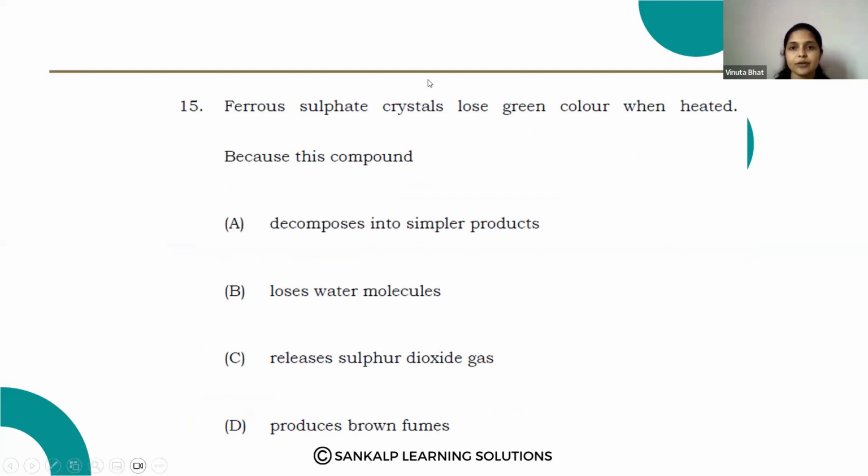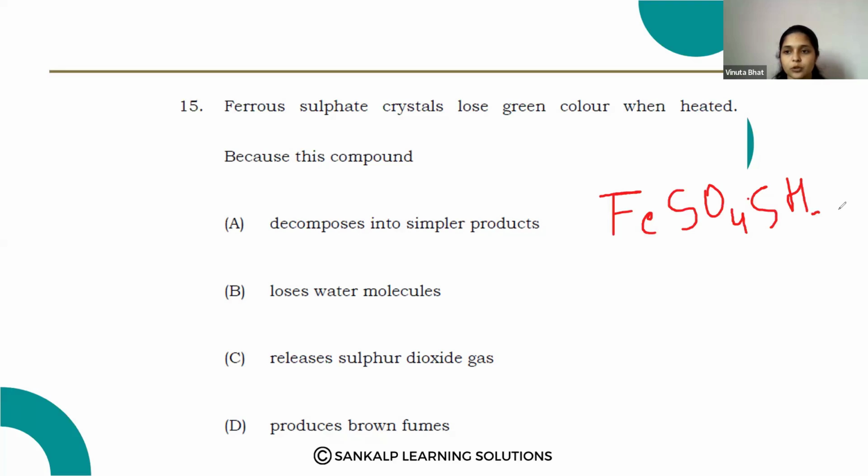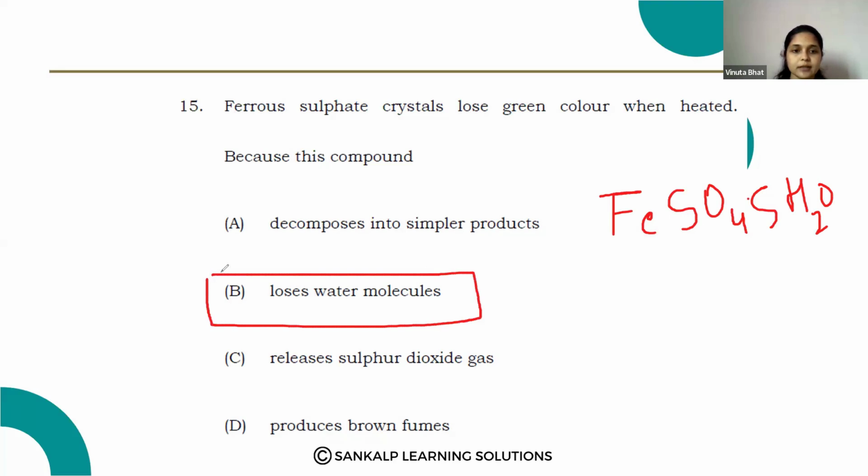Here, ferrous sulfate is FeSO4 with 5H2O, 5 water molecules. When it is heated, it loses the water molecules. Option B, loses water molecules, is the correct answer.